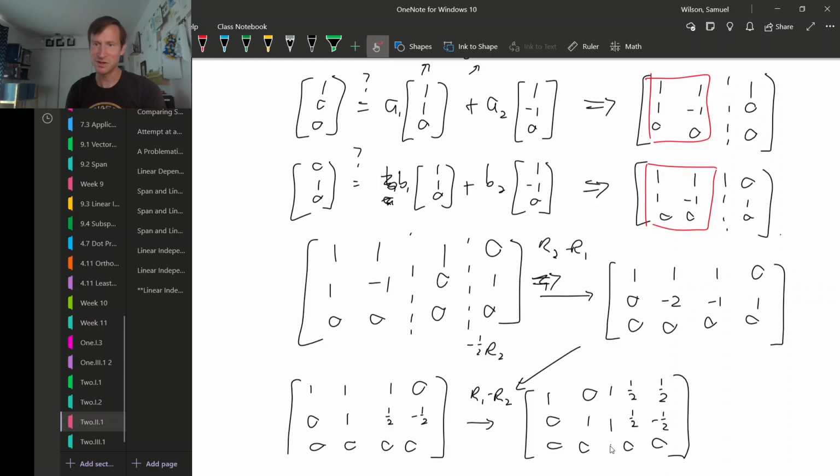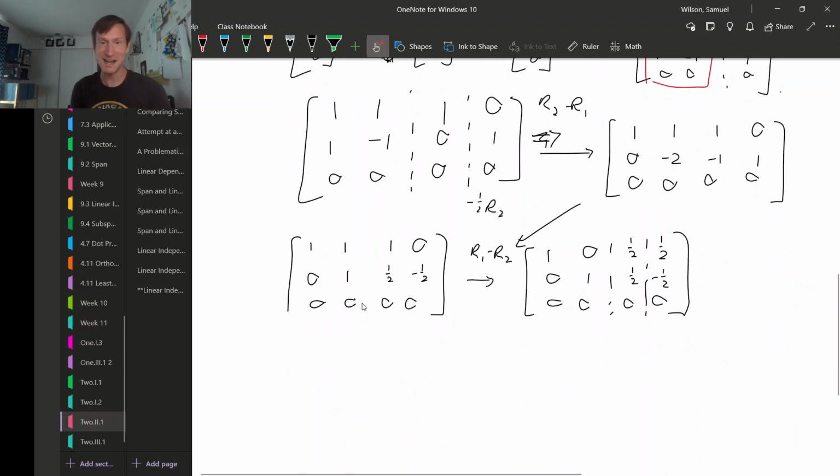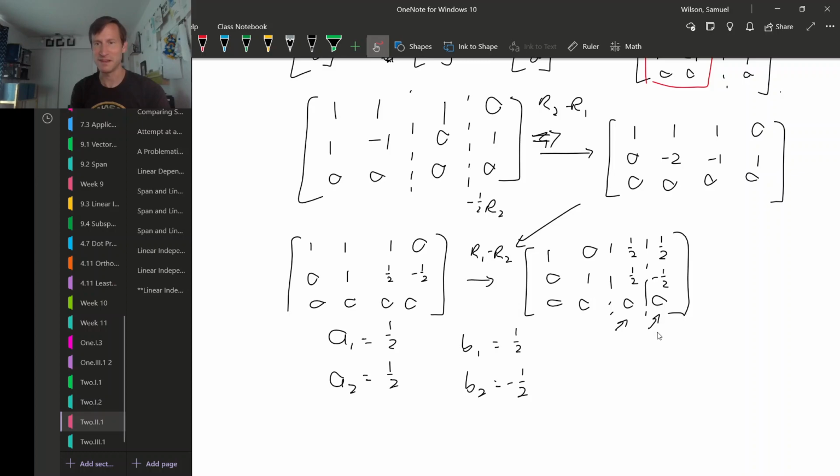Okay, so remember we have two augmented columns here. On the one hand, this is telling us A1 has to be a half and A2 has to be a half. That's coming from this. And then also B1 has to be a half and B2 has to be minus a half. And that's coming from this. All right.